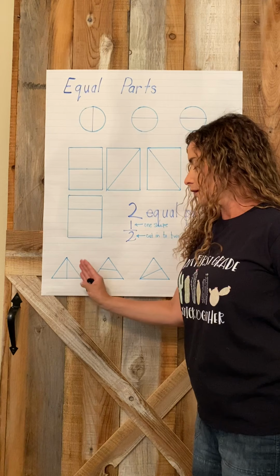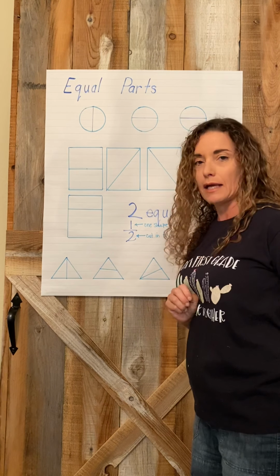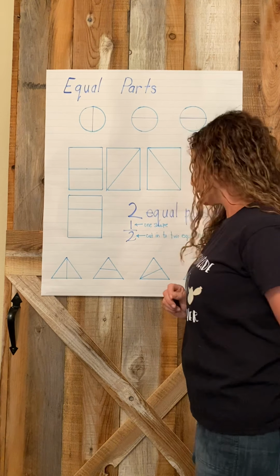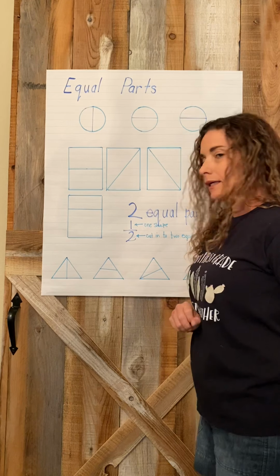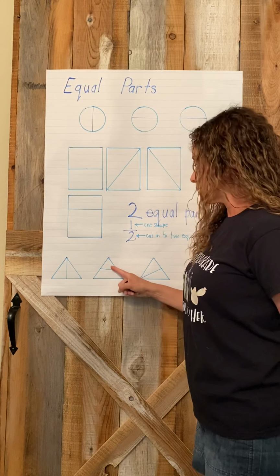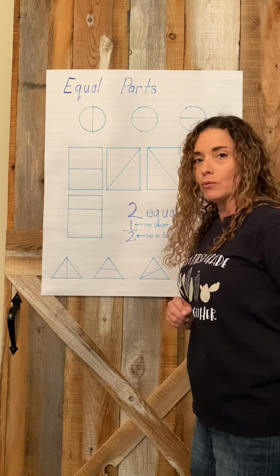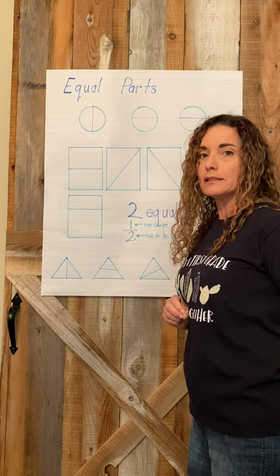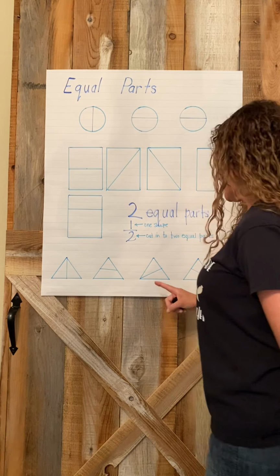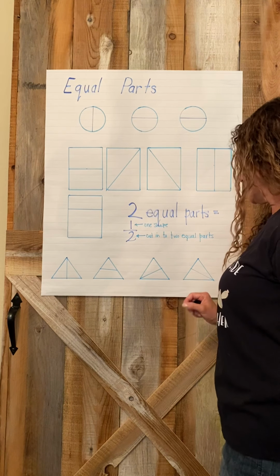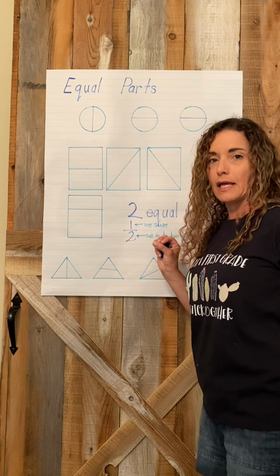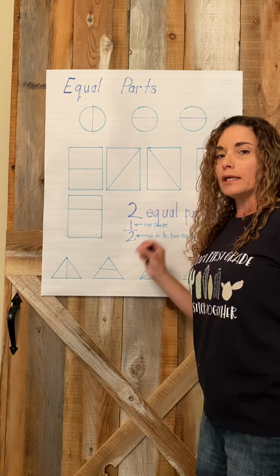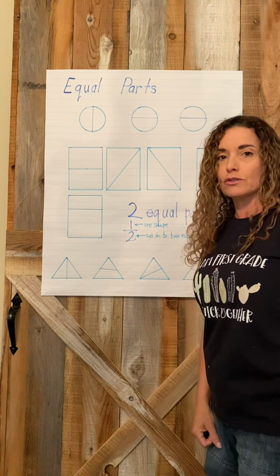If I take this and I flip it over, it's going to be exactly the same size and shape, so they're equal parts. Now this one, I cannot cut a triangle that way because you can see that not only are these not equal parts, but the shapes are different. So they have to be the same size and shape. Here, same thing, and here, same thing. So the only one of these that is in half or equal parts is this first triangle.